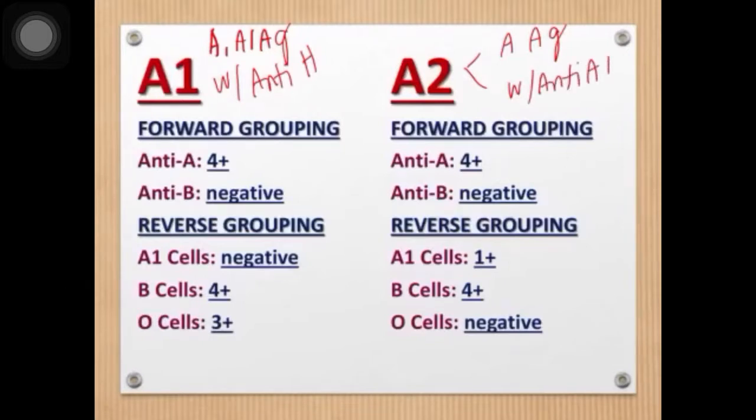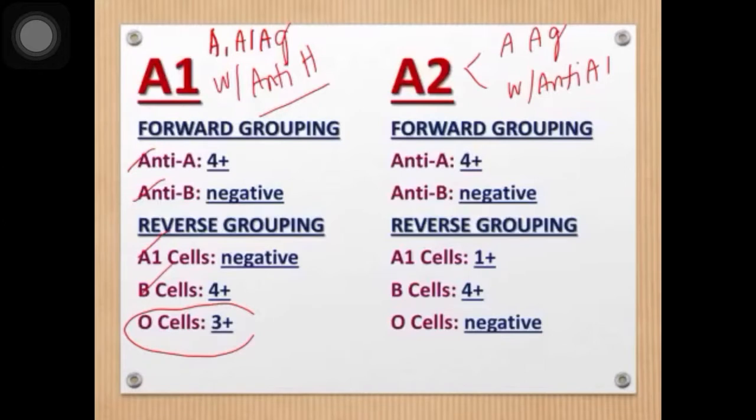So, i-differentiate po natin sila sa forward at saka reverse grouping. So, yung A1, sa forward at saka reverse grouping, wala pong problema, group A. Pero bakit po may reaction with O cell? Kasi yung mga A1 individual, meron po silang anti-H. Remember, ang phenotype na pinakamaraming H antigen, yung O cell, or the group O red cell.